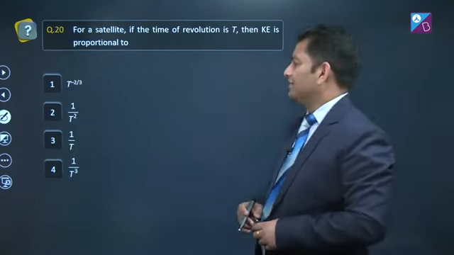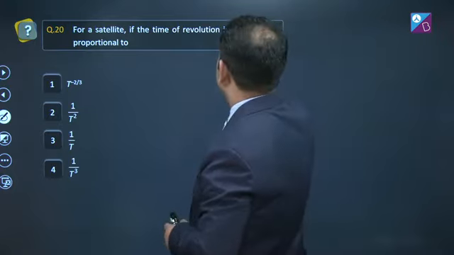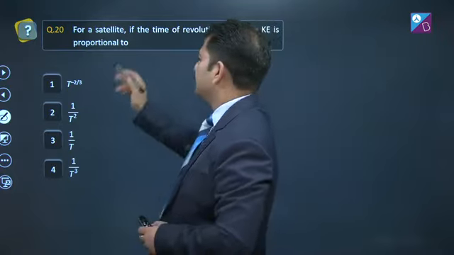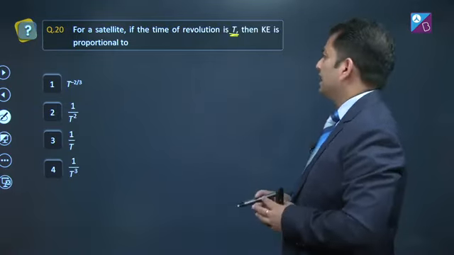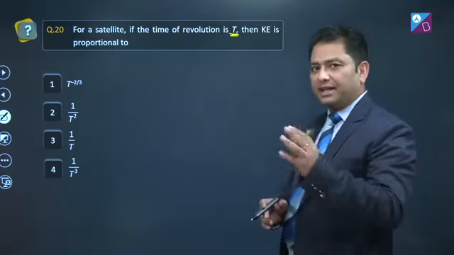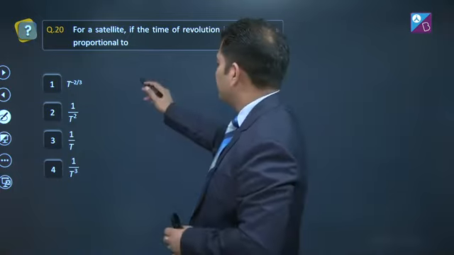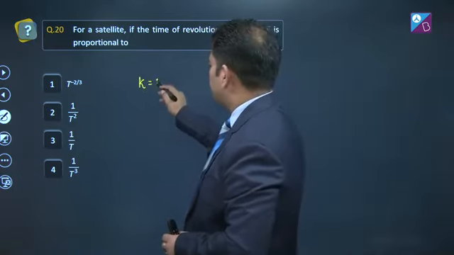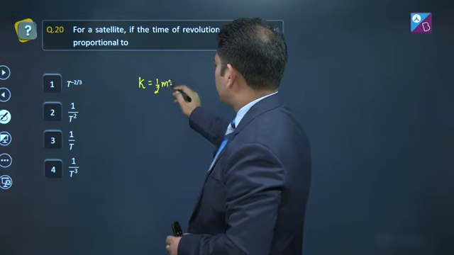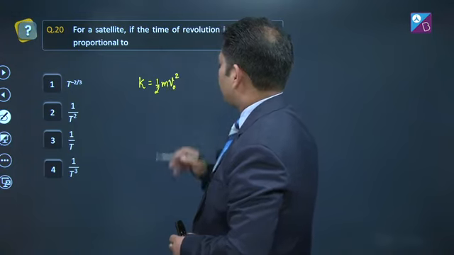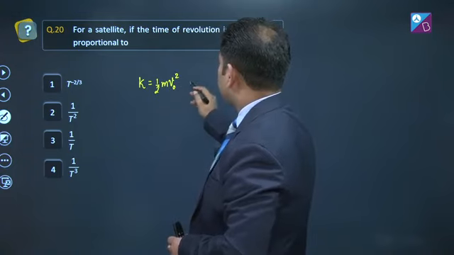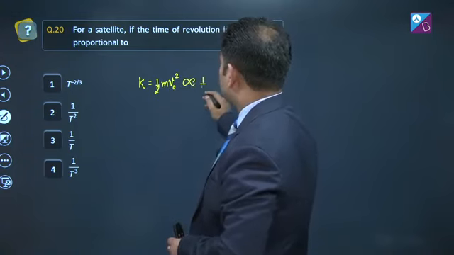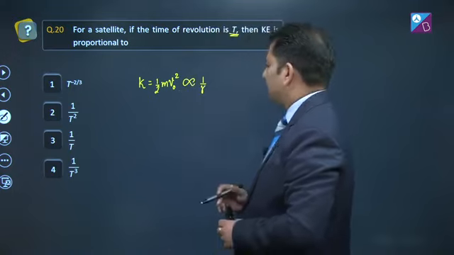Question number 20. For a satellite with time period T, kinetic energy is proportional to what? The relation of kinetic energy is asked in terms of time period. Kinetic energy is half mv square, which speed? Orbital speed. So this kinetic energy will be directly proportional to 1 by r. Do you know where that came from?